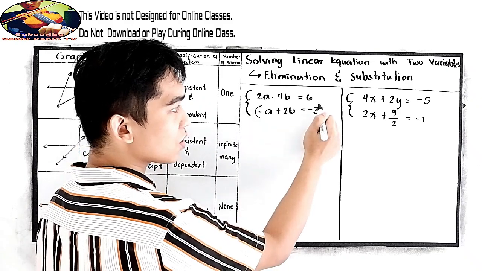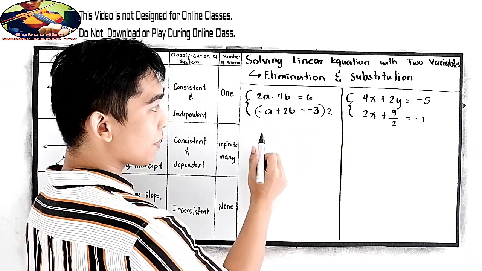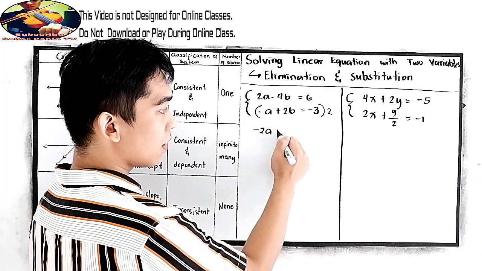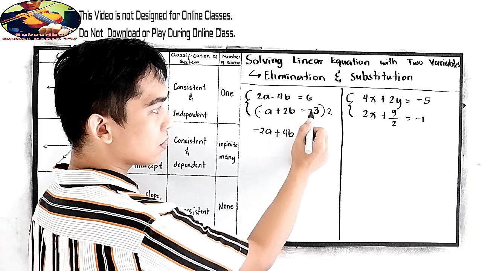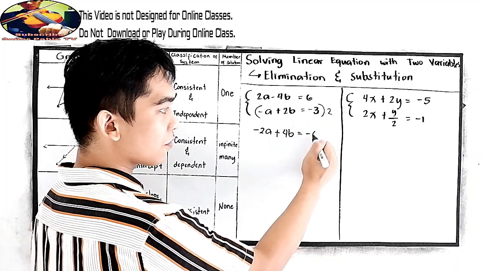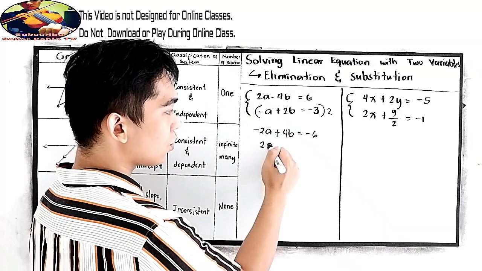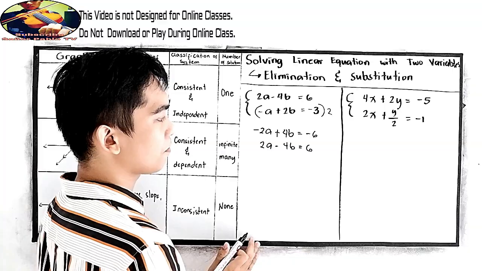So all I need to do is multiply equation 2 by 2, so that it will become negative 2a plus 2 times 2b, 4b, is equal to negative 3 times 2, negative 6. And just copy equation 1, 2a minus 4b is equal to 6.